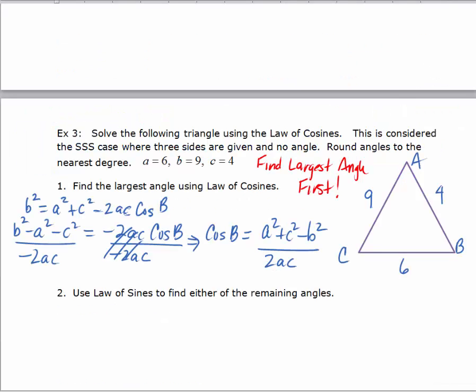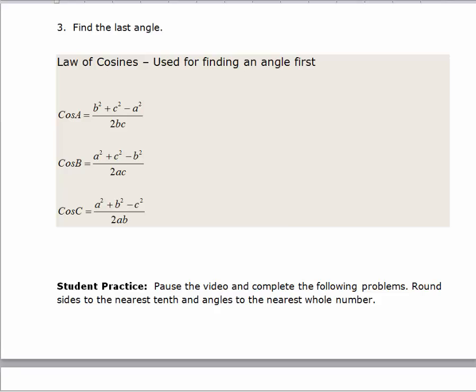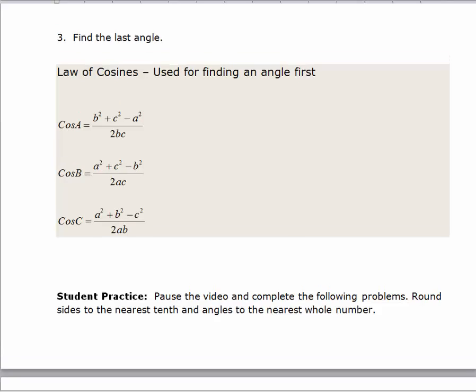What I've done is I've actually retyped these below for you to use and refer to. You can see the cosine A, you're dividing by bc. Cosine B, you're dividing by ac. Cosine C, you're dividing by ab. And so the formulas are similar. Again, these you don't have to memorize because you can derive them, but you will be given on a test the original formula for the law of cosines, and you can use that to derive this formula.